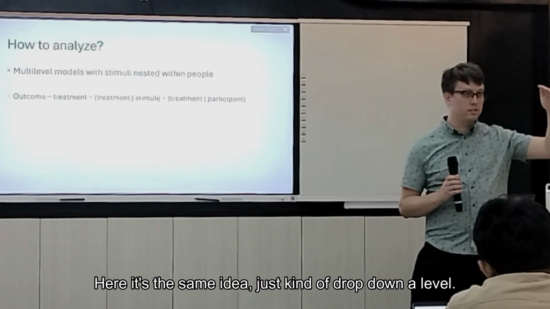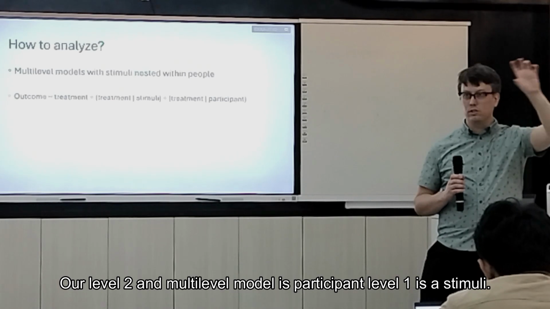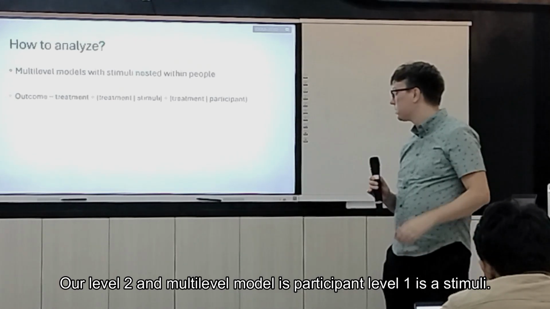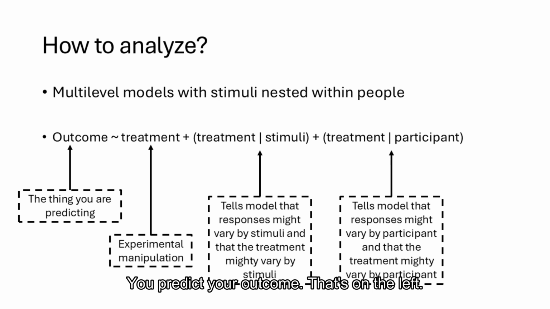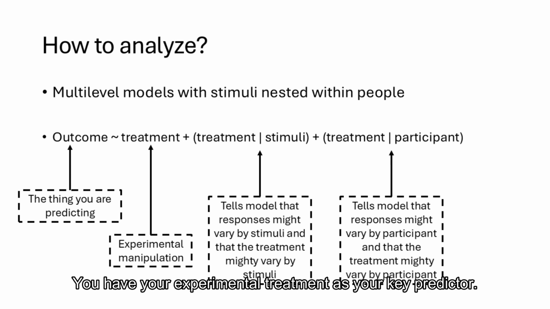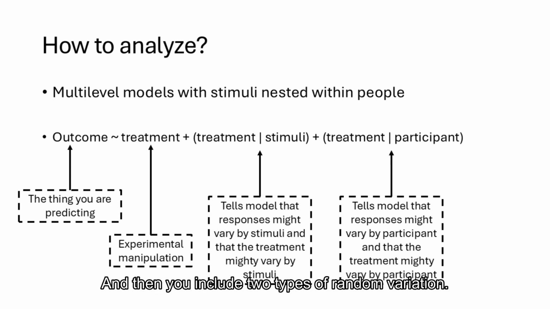Here, it's the same idea, just dropped down a level. Our level 2 in the multi-level model is participant. Level 1 is the stimuli. You predict your outcome, that's on the left. You have your experimental treatment as your key predictor. And then you include two types of random variation.